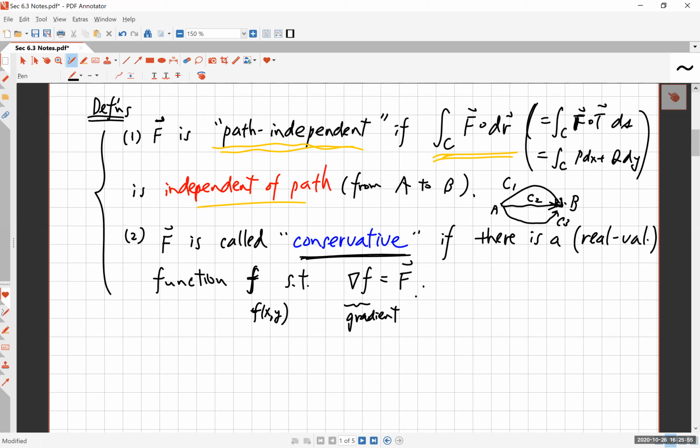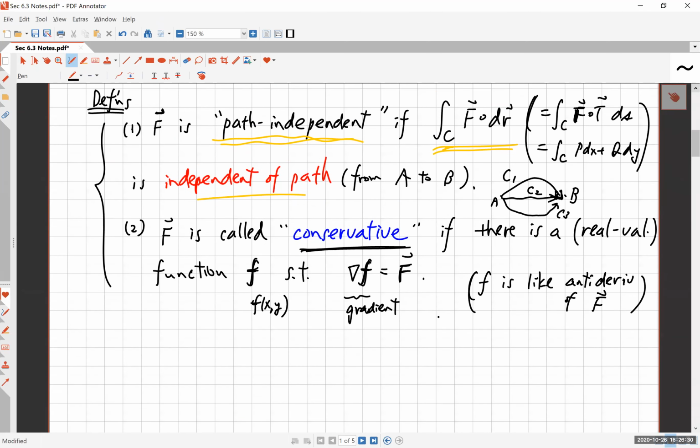So in a sense, look at this. Gradient is a little different from the derivative, but the gradient of f is really just the partial derivatives. So the derivative, roughly speaking, of lowercase f is capital F. What this means is lowercase f is like the antiderivative of the vector field F. That's what this relationship is.